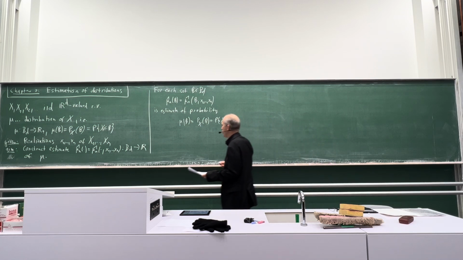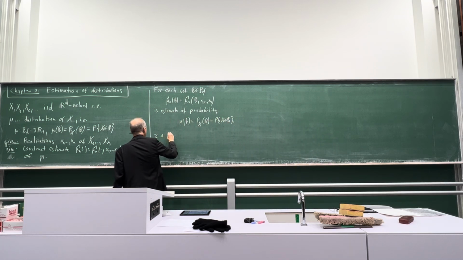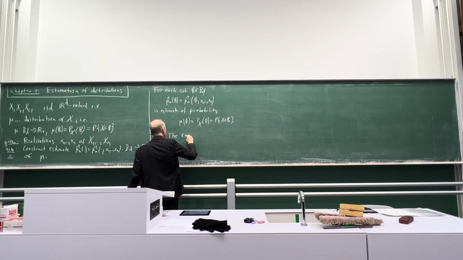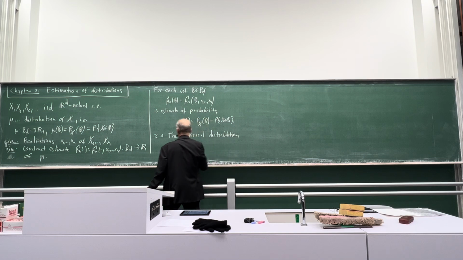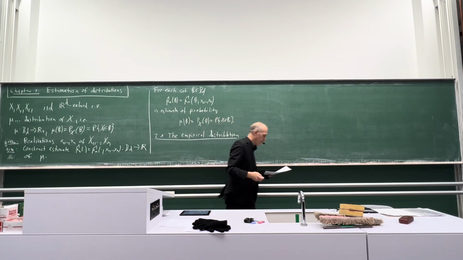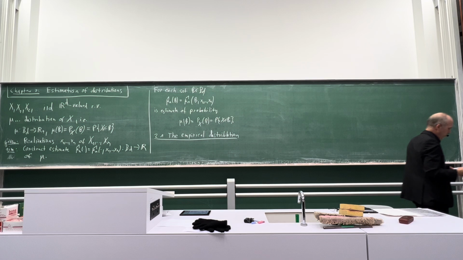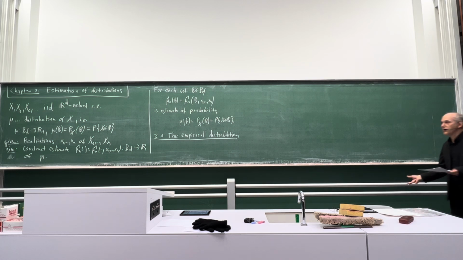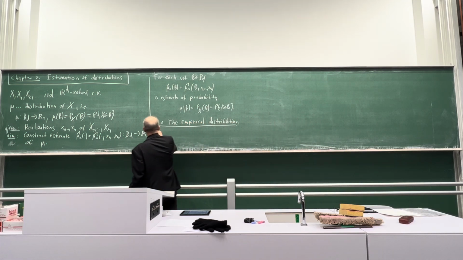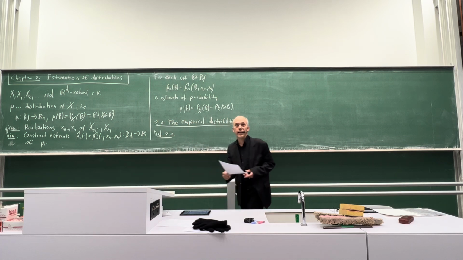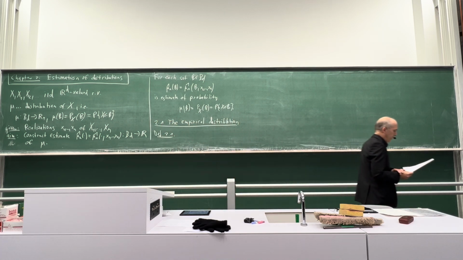And that's the empirical distribution. And that's the first section which I will introduce here. And we start with the definition. That's definition 2.1. Let x1 to xn be in R^d.